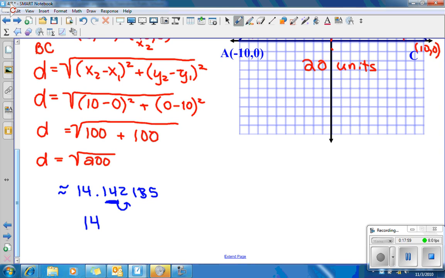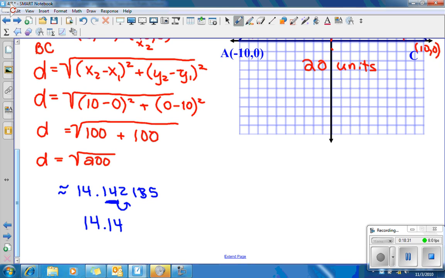How did you get 14.14? Some number times itself gives me the square root of 200. If I took this number and multiplied it by itself, it's going to give me back this number, 200. So a number times itself gives me 200.